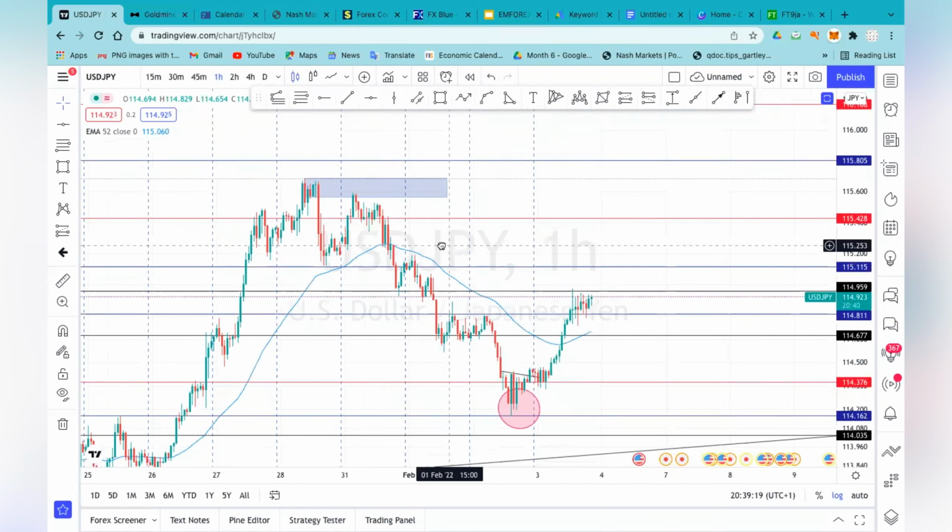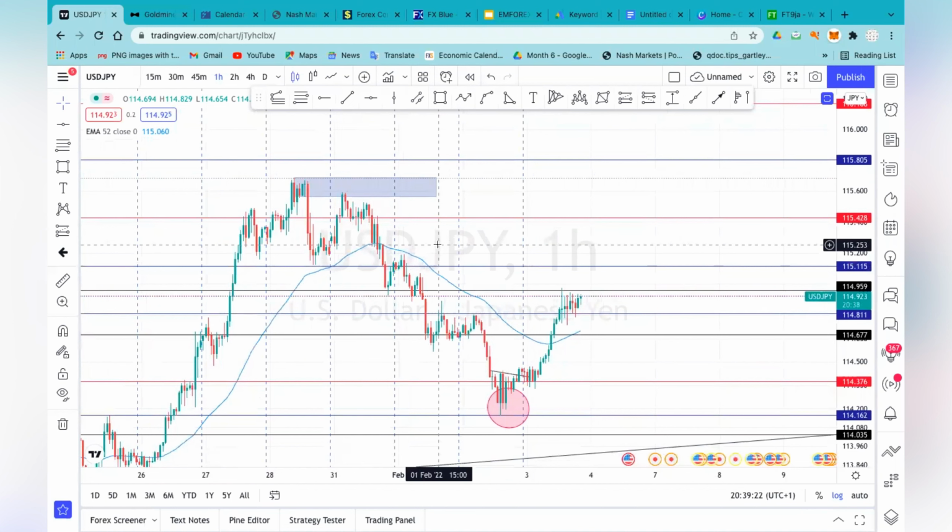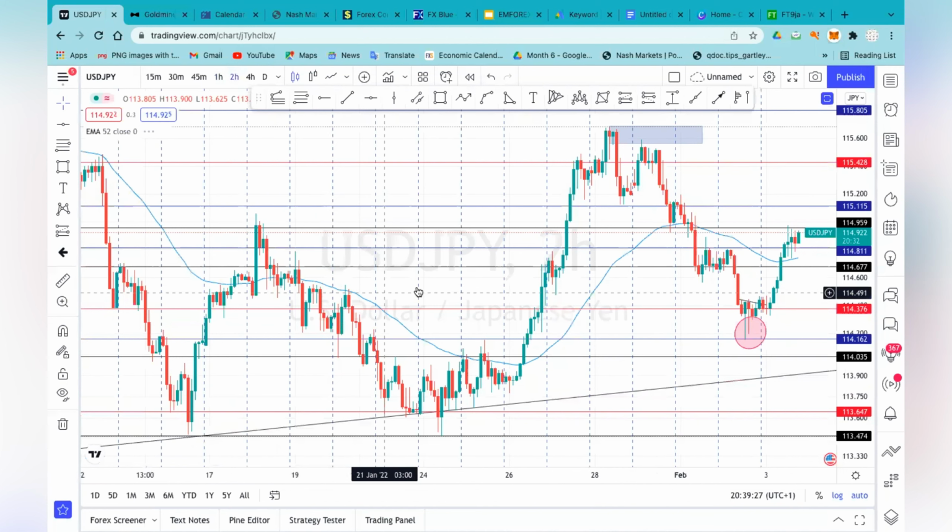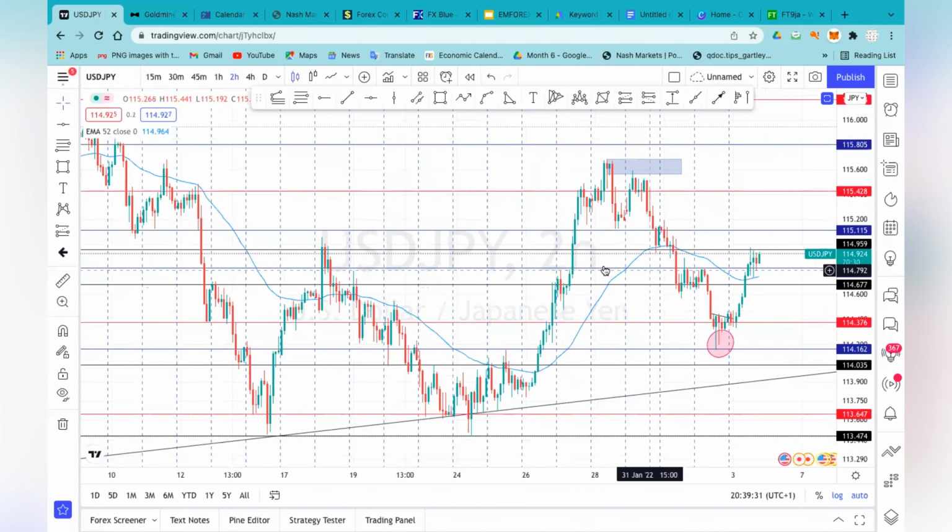So what I'm actually looking for in supply and demand levels are aggressive buying and selling. You could come to your 2-hour time frame or any time frame at all, but the higher the time frame, the stronger the order block, or the stronger the demand and supply level. Just like this level here, this is the last bearish candle before an aggressive bullish move.